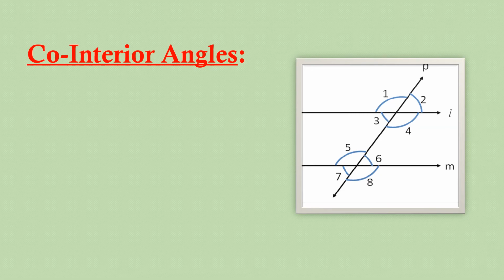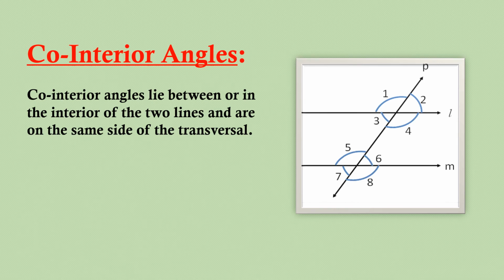Now, the last set of angles that we are going to do is co-interior angles. Now, what are co-interior angles? Let us see their definitions first. Co-interior angles are the angles that lie between, or in the interior of, the two lines.